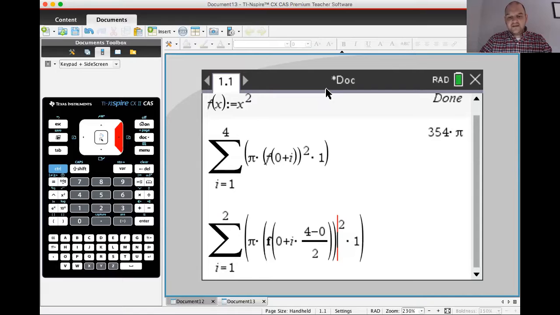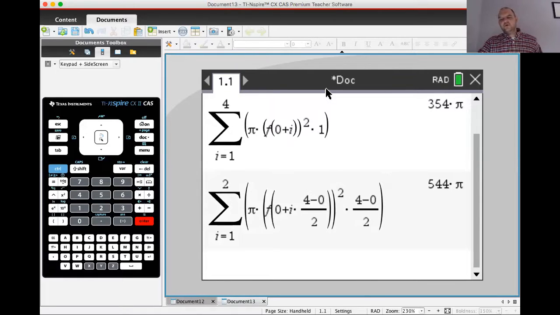So the radius is f of 0 plus i delta x. Square the radius, but then multiply by delta x, which is 4 minus 0 divided by 2. You get 544 pi. That's the answer that we had gotten before.